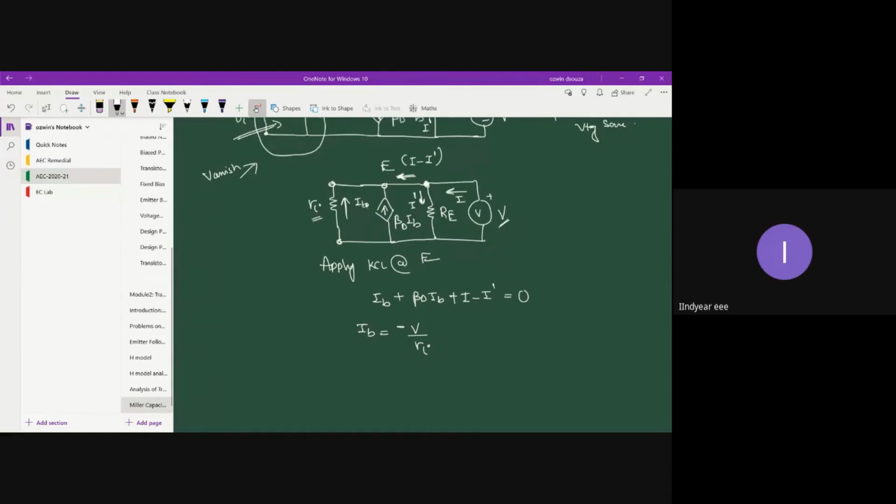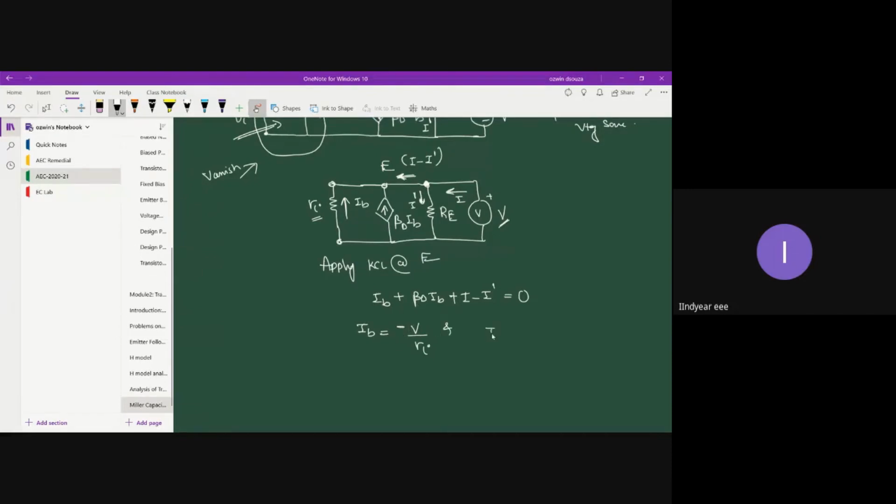But remember that the current direction through RI, we have taken in the clockwise direction, but your pessimistic voltage source V is trying to circulate the current in the opposite direction. Hence, the negative sign is placed.